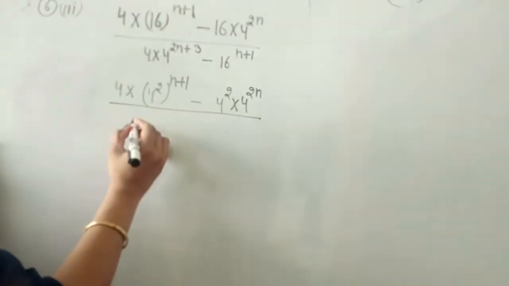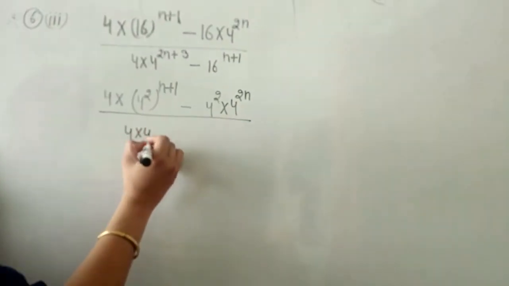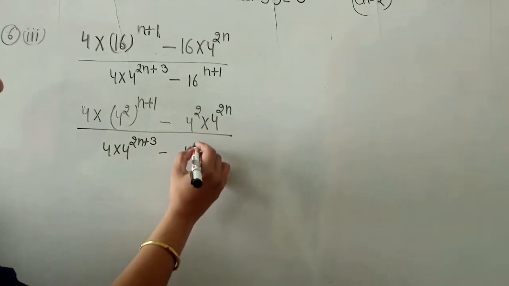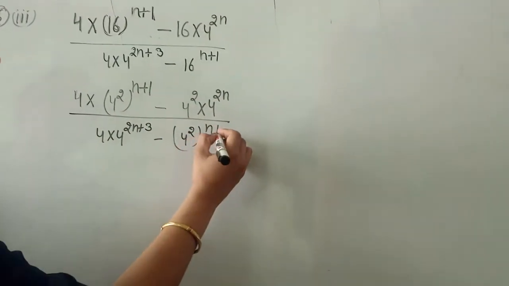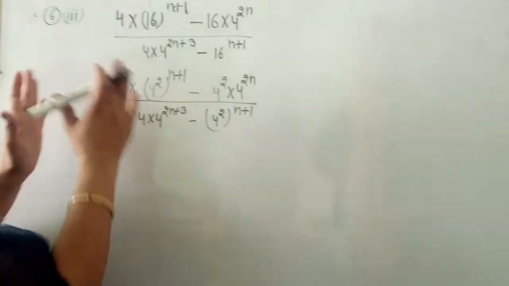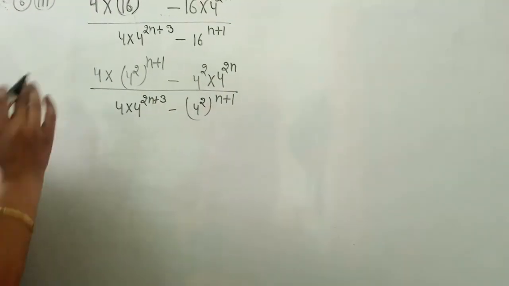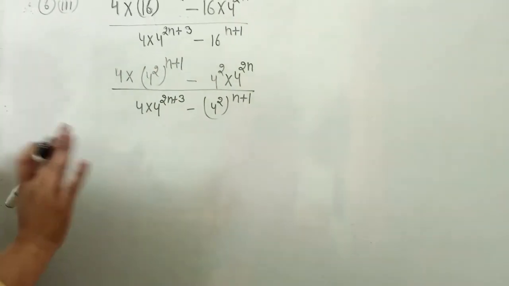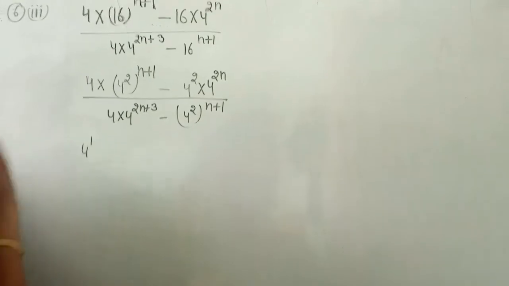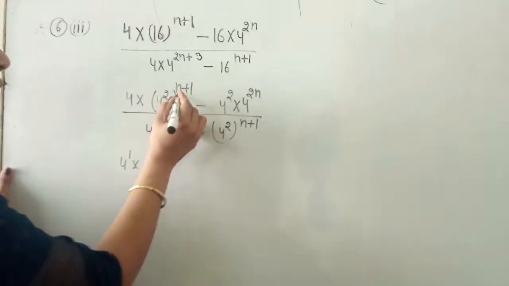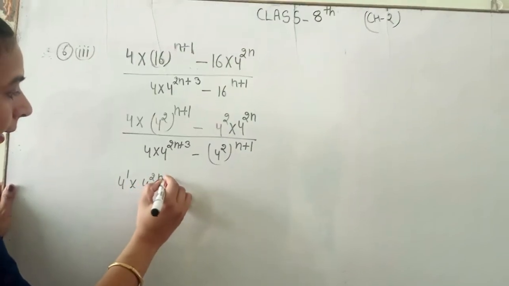Divided by the same: 4 multiplied by 4 raised to the power 2n+3, minus 16 which is 4 raised to the power 2, and n+1. Every term is now a number in base 4. Then the bases are the same, so the powers should be added. First 4 raised to the power 1, multiplied according to the power law, this equals 2n+2.